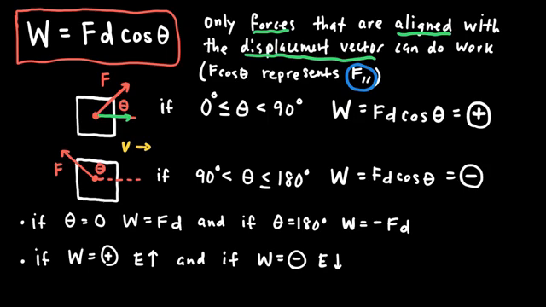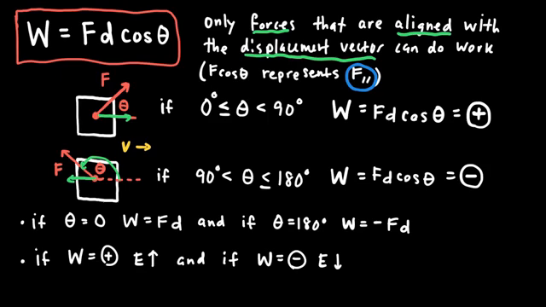So positive work increases the energy of the object. In the second case, you can see that the component of the force along the direction of the velocity actually points in the opposite direction. The angle is still defined as the angle between the direction of the velocity or displacement and the force, so here the angle is between 90 and 180 degrees.